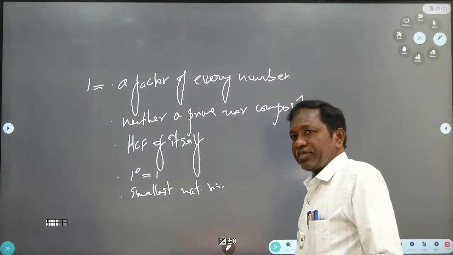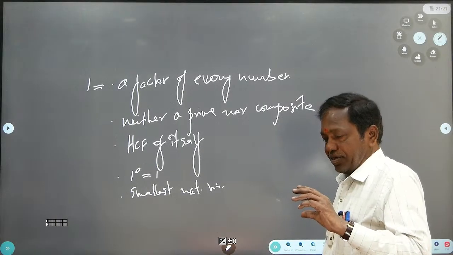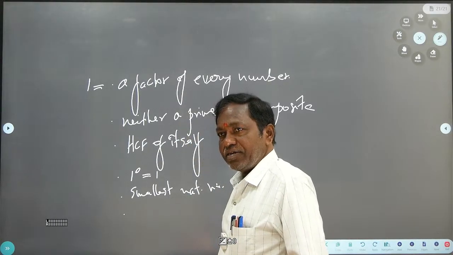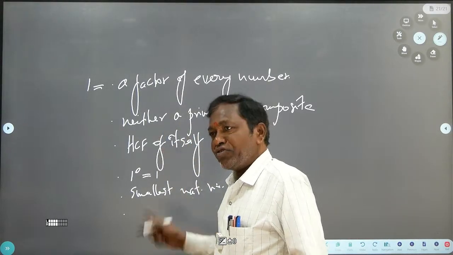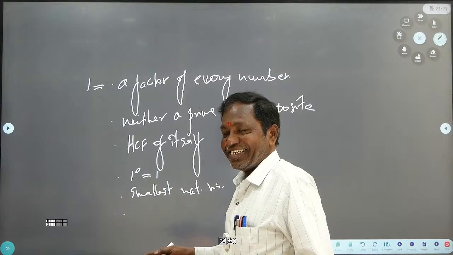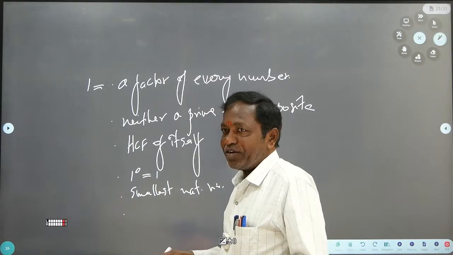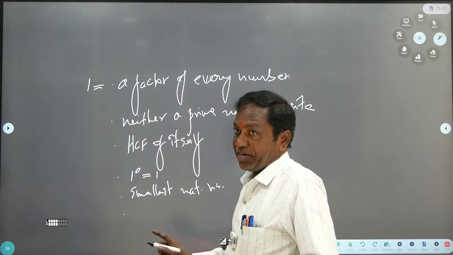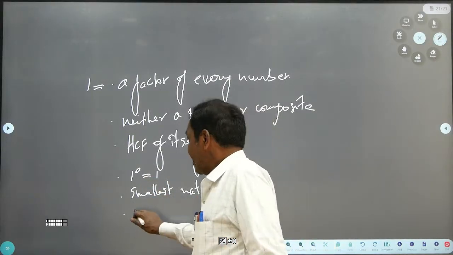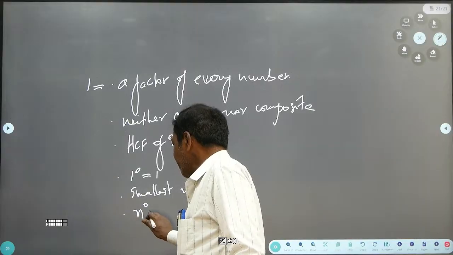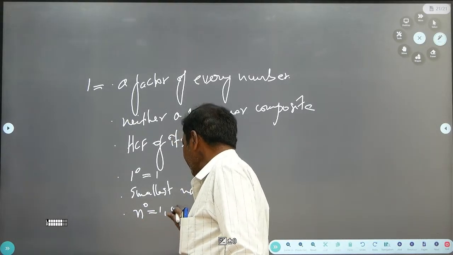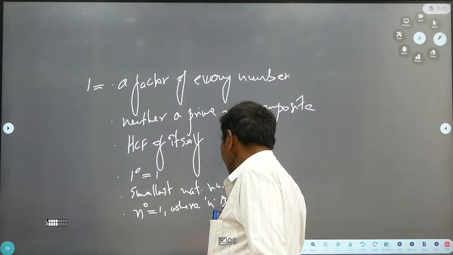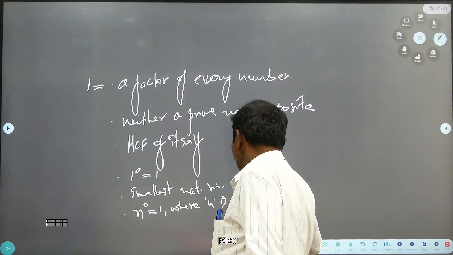For example, n is a natural number, n raised to the power of 0 is always 1. We mentioned 1 to the power of 0, but it holds for any natural number: n to the power of 0 is 1, where n is a natural number.